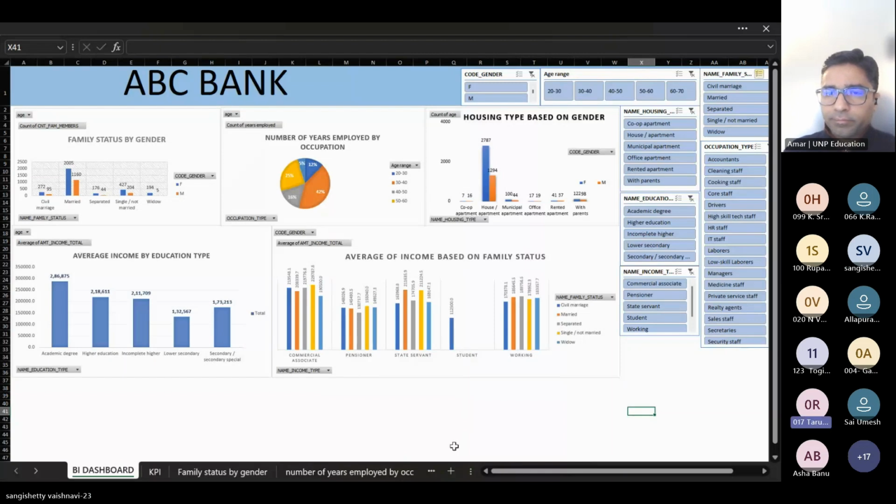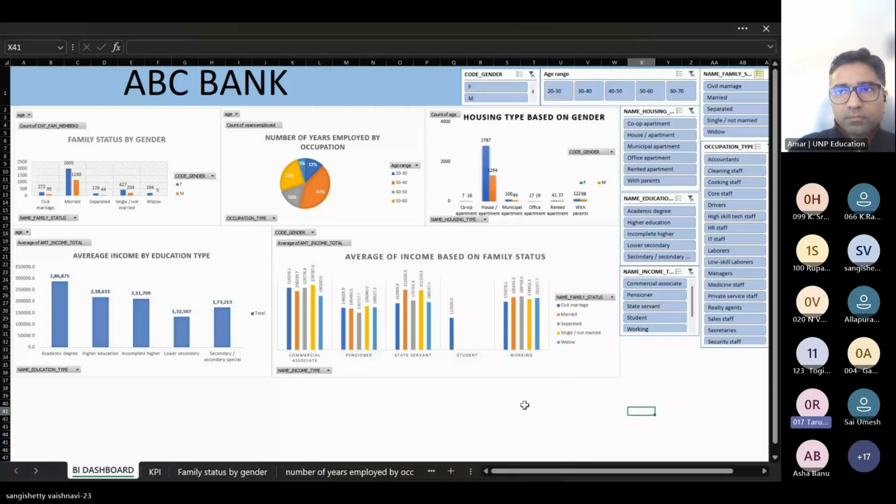The marital status shows some impact on income, where single individuals often earn more compared to the ones who are working. And this data suggests that the income tends to be higher for individuals in more senior or professional roles, like the ones who are working, for example, commercial associates and state servants, while students and pensioners earn considerably less.